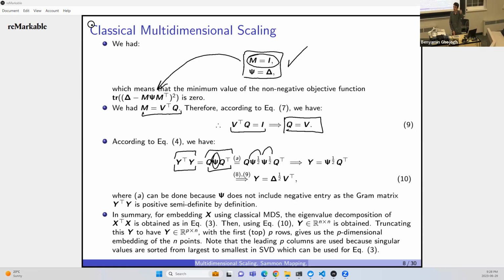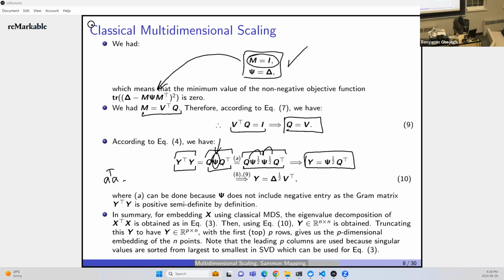As eigenvalues are non-negative, the diagonal elements of psi are non-negative. They are either 0 or positive. So I can write a positive number as the positive number to the power of half times the positive number to the power of half. Therefore, I am allowed to do that. Then Y transpose Y is equal to Q psi to the power of half, psi to the power of half, Q transpose. Therefore, I can write Y to be equal to psi to the power of half Q transpose.